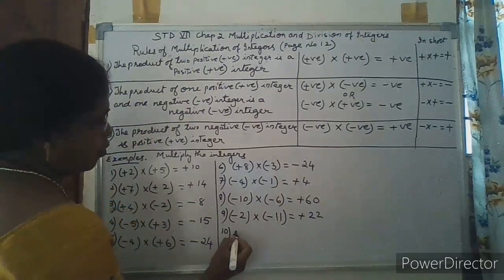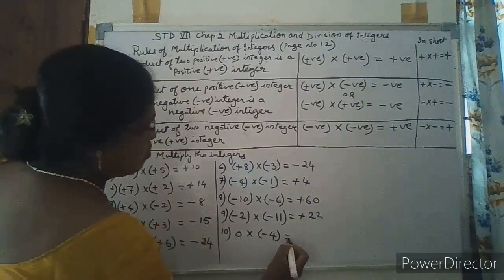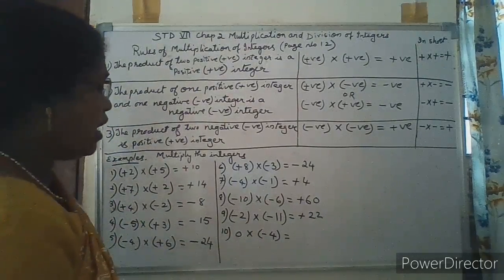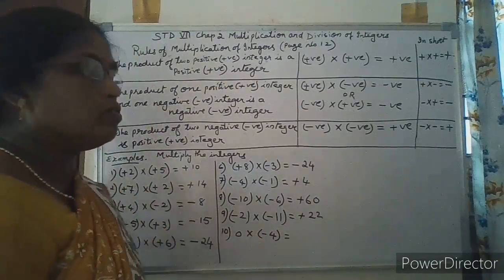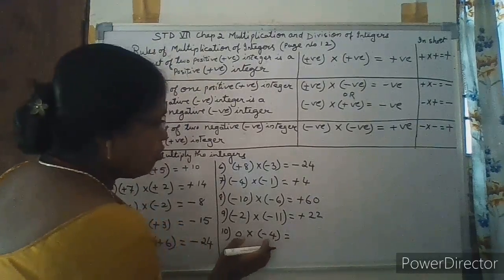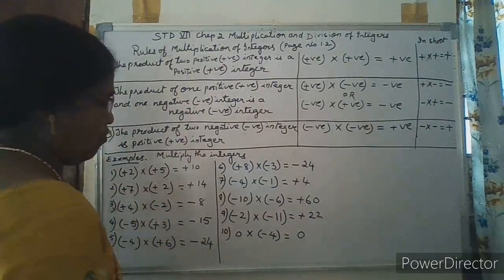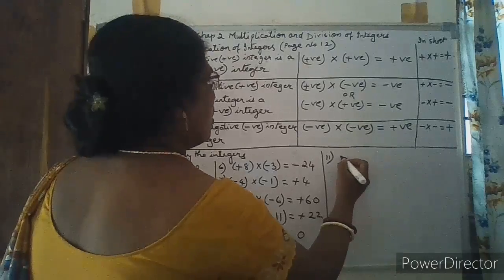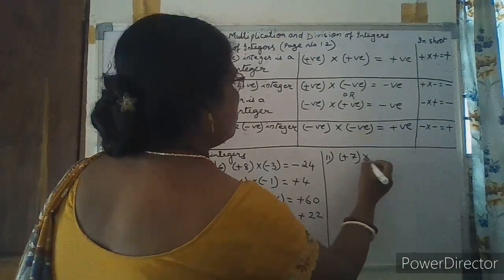Now some more examples, with 0. 0 into minus 4 is equal to. You know that any number multiplied by 0 is always equal to 0. Even though it is a negative number, the answer is 0 itself. Example 11, plus 7 into 0.